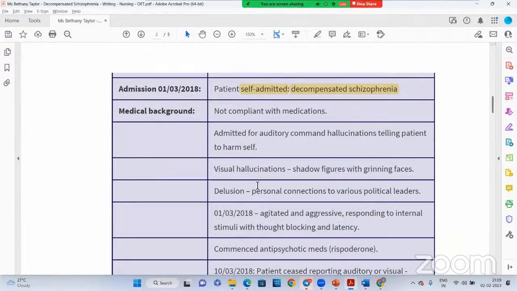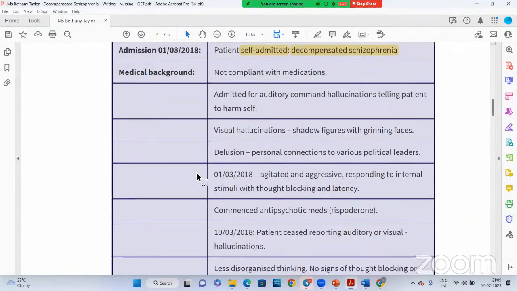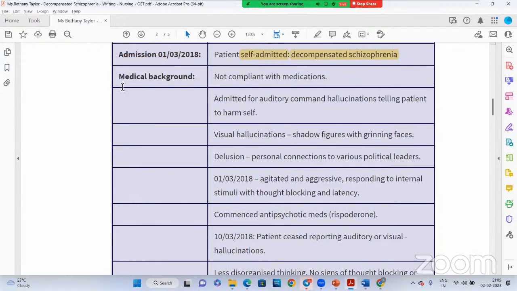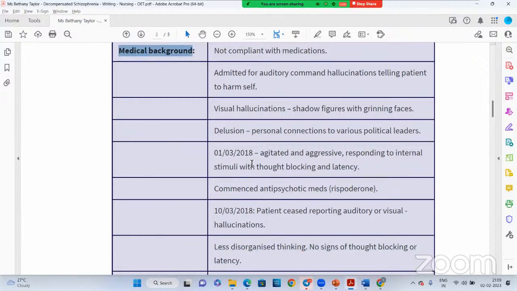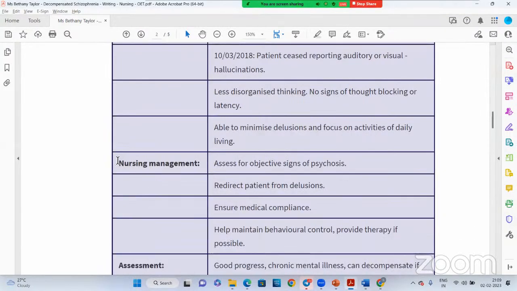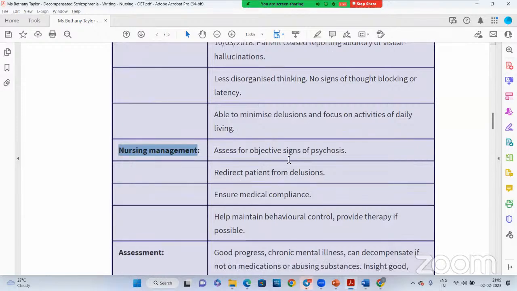So this is medical background. Upon admission, medical background. Okay. This is nursing management, meaning during hospitalization. Okay. And afterwards also. Right.